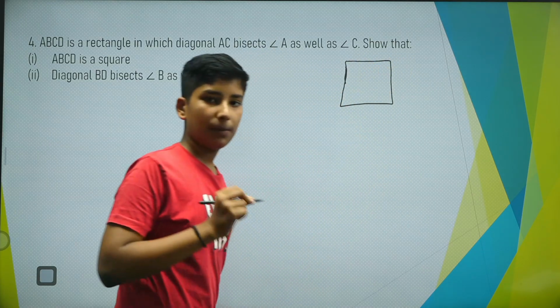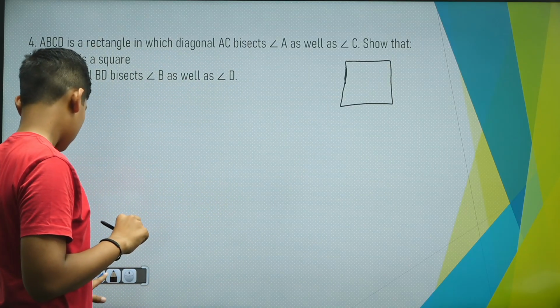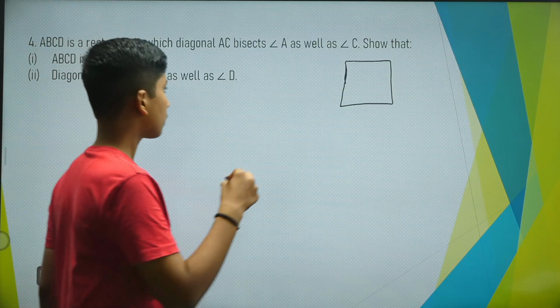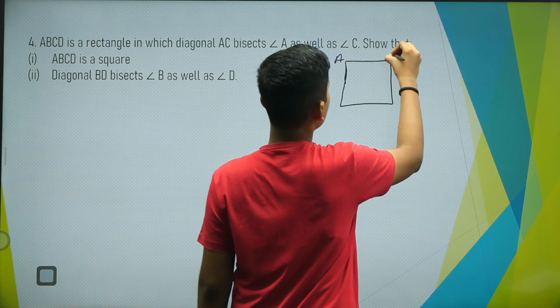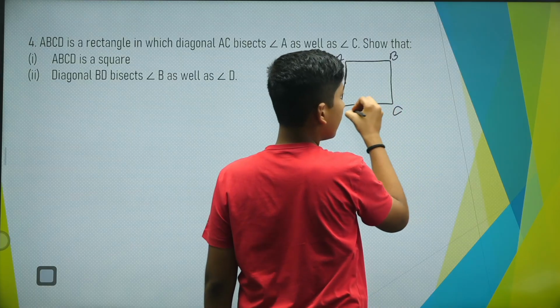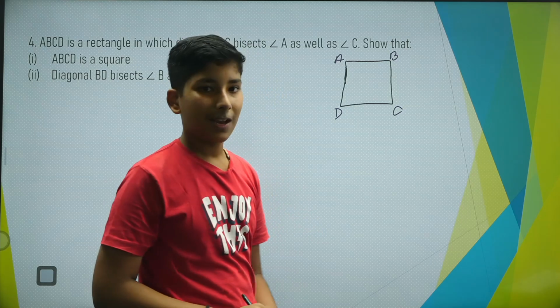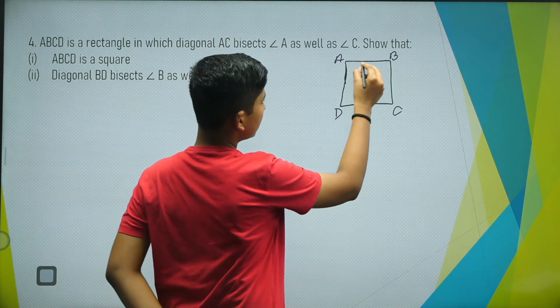Yes, I made ABCD already a square. Now to do the numbering, I will use my purple pen. A, B, C and D. In the camera, it might look black only, but still, let's see.